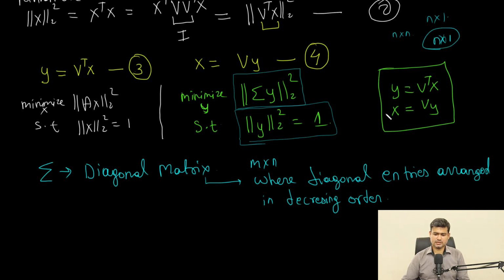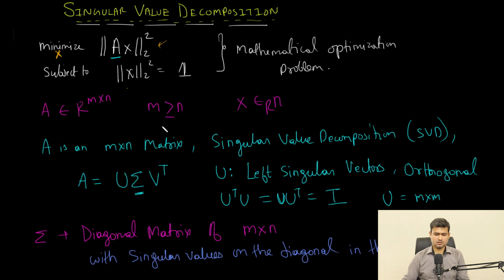And furthermore, sigma is an m cross n matrix where m is greater than or equal to n. This is our assumption.